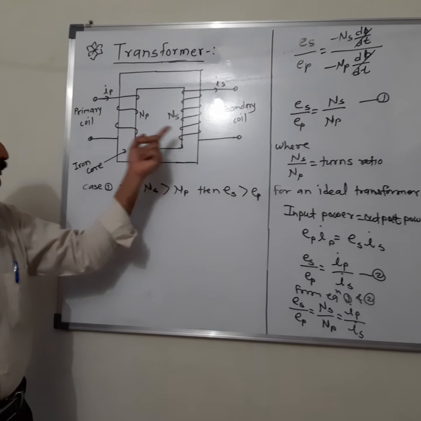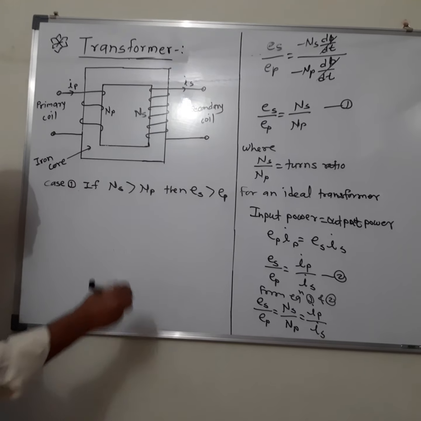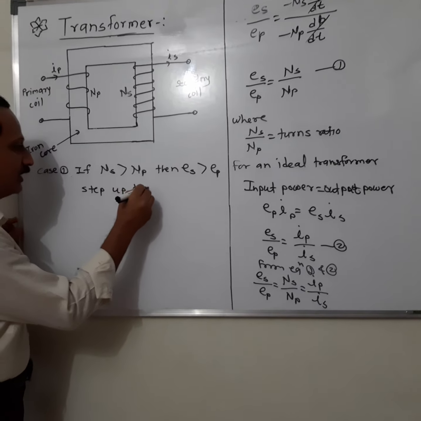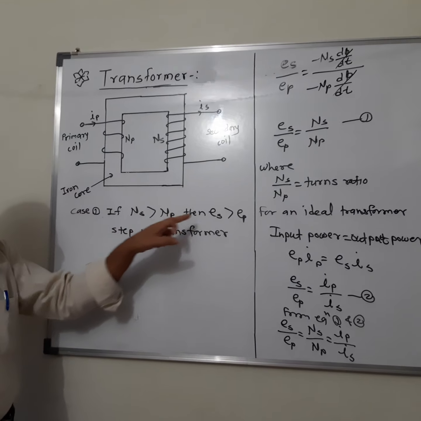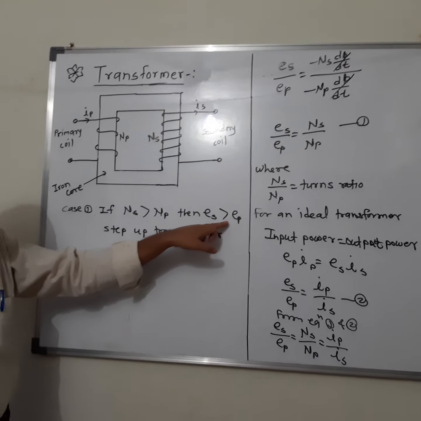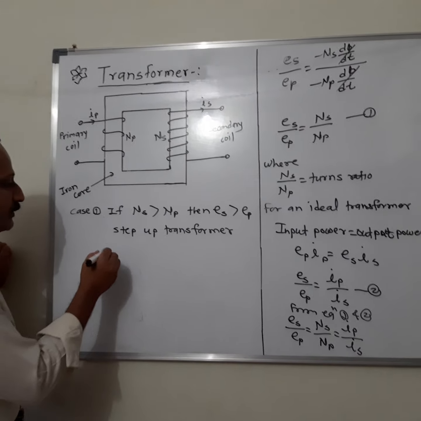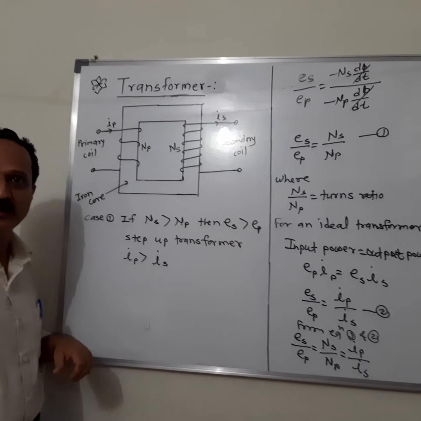If we give the minimum voltage and we get the maximum voltage, such a transformer is called a step up transformer. Why do we call this a step up transformer? Because output voltage is greater than the input voltage. And for this step up transformer, current in the primary is greater than current in the secondary.